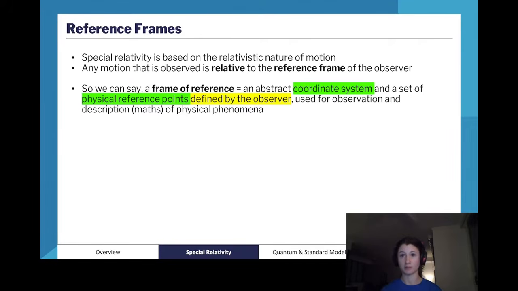Motion is relative, right? If I am standing on the side of the road and you drive past on the road, you're moving relative to me, because in my perspective, you're driving past, and in your perspective, I'm moving relative to you. Because what you're seeing is you stay still and the road and me move past you.